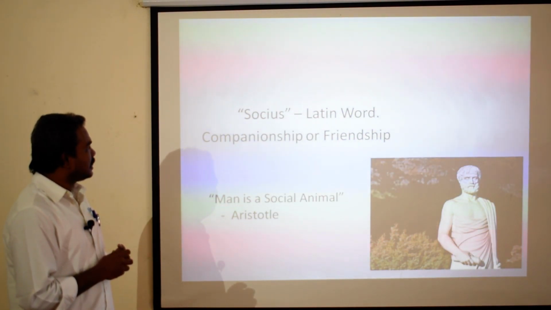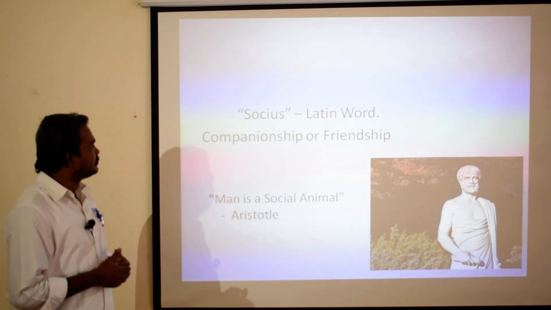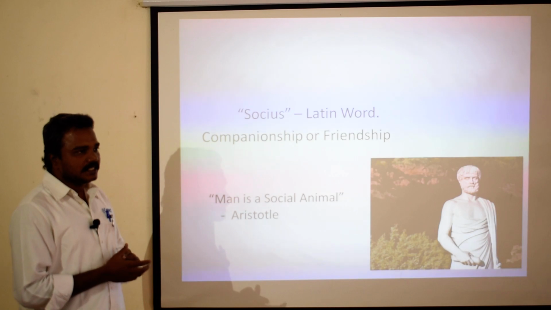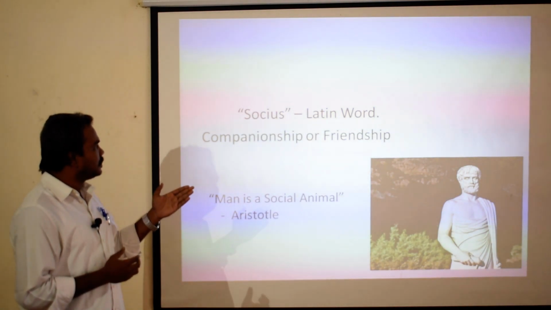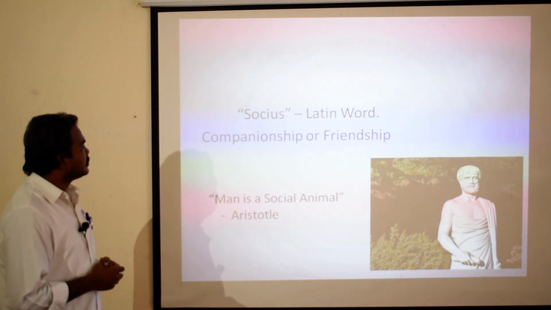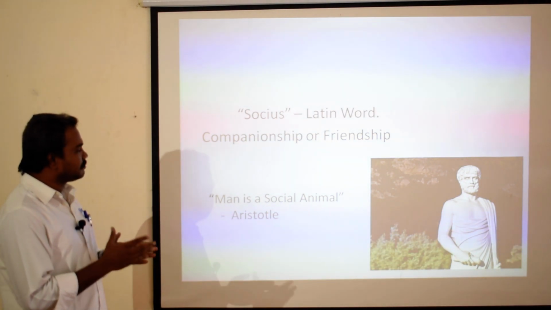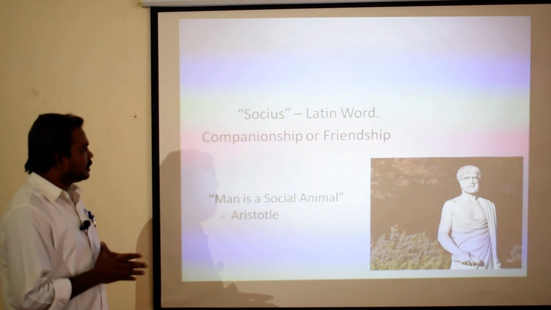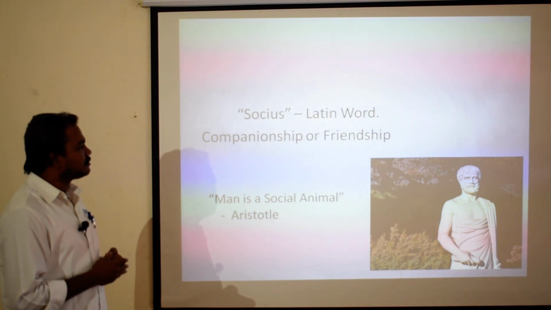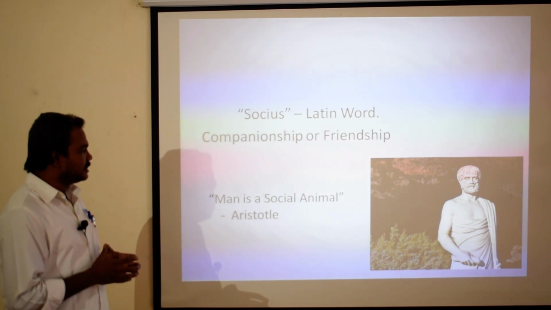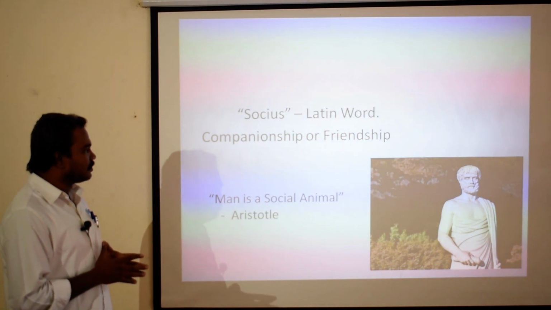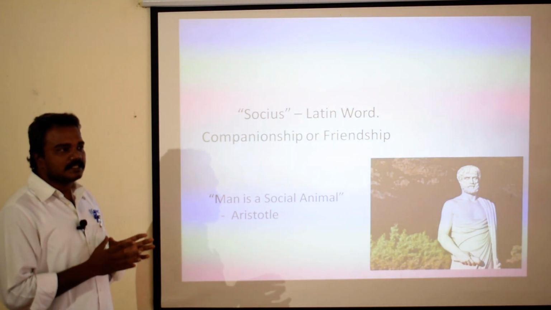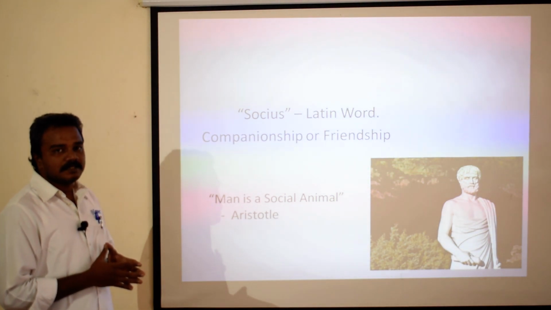As I have mentioned earlier, the word society is derived from the Latin word socius, which means companionship or friendship. And we all know about Aristotle, a well-known philosopher, who mentioned that man is a social animal.